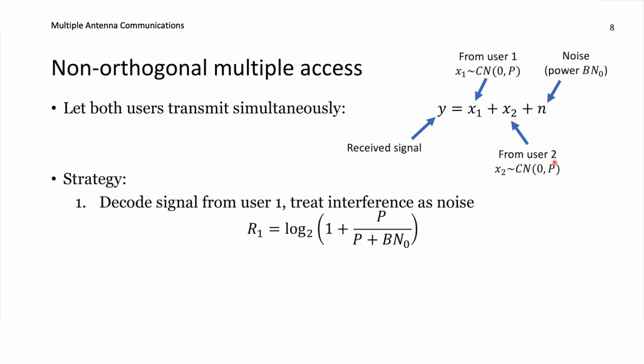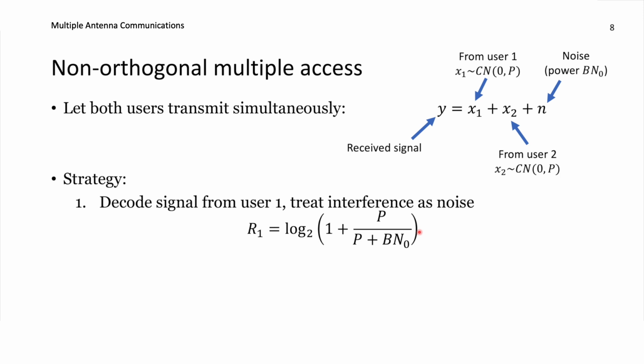Then if we treat both of them as Gaussian noise, which they essentially are, we can compute a rate, log 2 of 1 plus a signal-to-interference-and-noise ratio. We have the signal power P here from X1, we have the power P from the interfering signal, plus the power of the noise, B times N naught. So this is the rate that user 1 can get if the base station is decoding the signal like this.